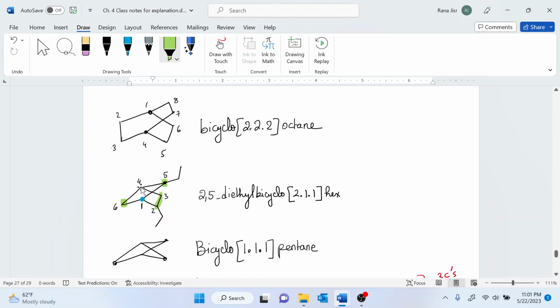So this is why I didn't start numbering from this to be carbon number 1, because if I did this, then the ethyl is going to be on carbon number 3. And I want it to be the lowest number in this case. If you can give your substituent the lowest number, please go ahead and do that. This is going to be 2,5-diethyl. It's going to be bicyclo, and then it's going to be 2,1,1, and then hexane.